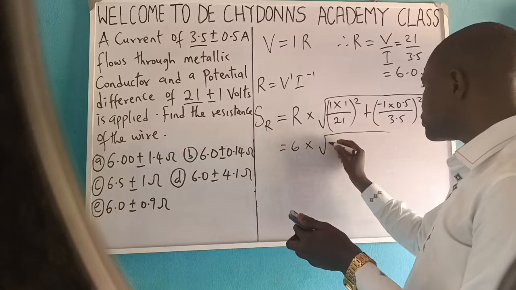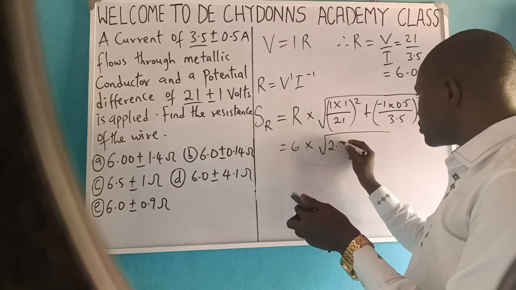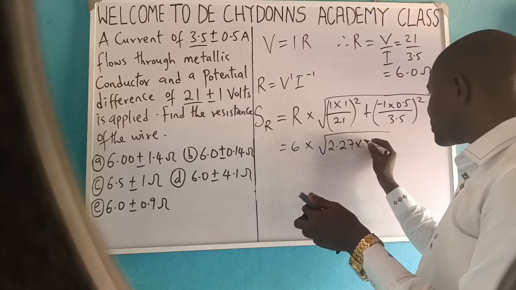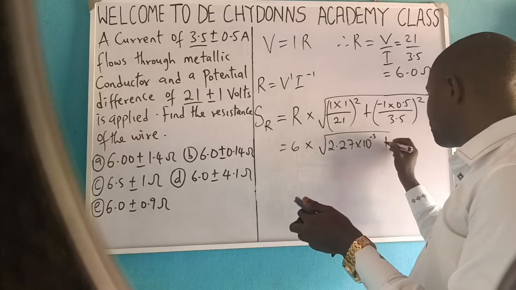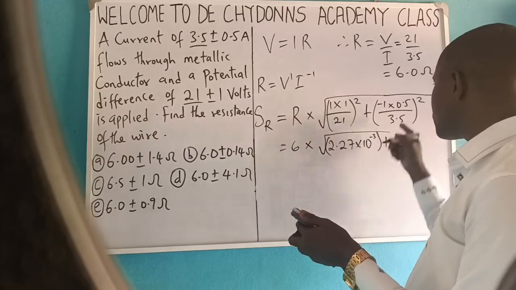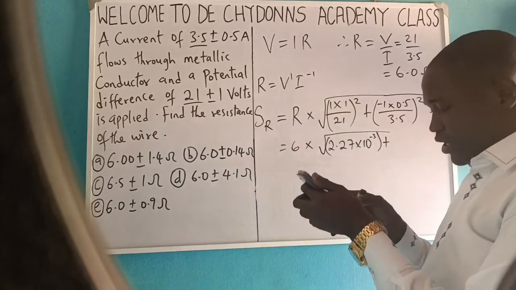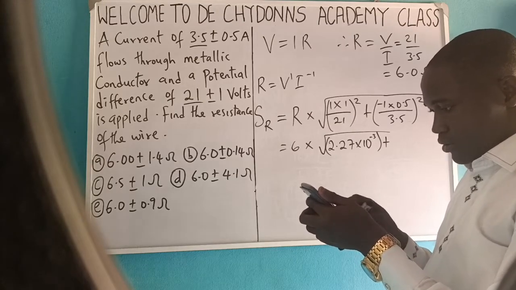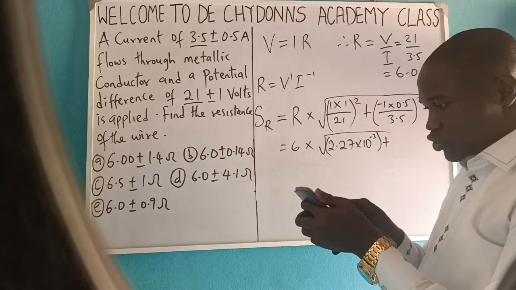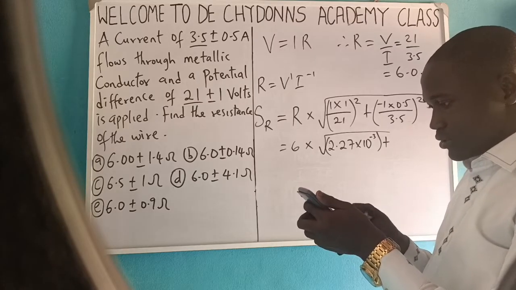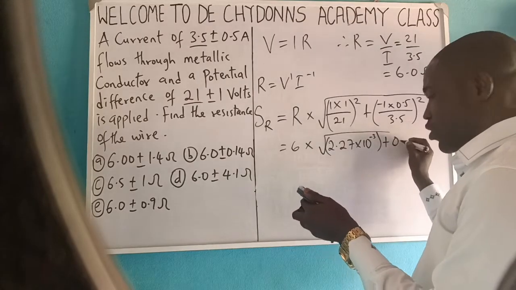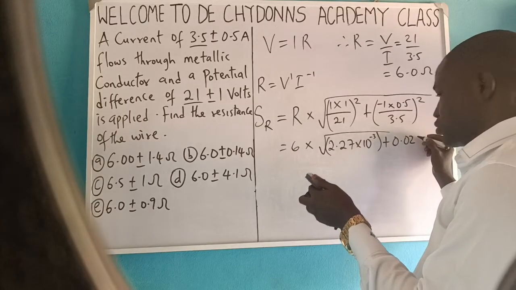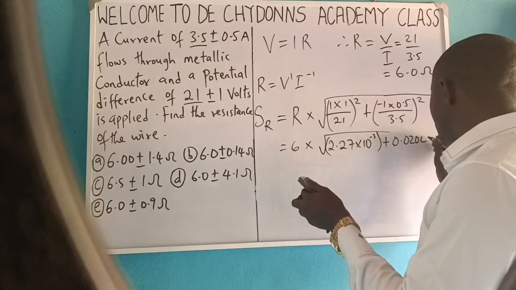I'll be having 2.27 times 10 raised to power minus 3, plus this one will be giving me, square it, I'll be having 0.0204.